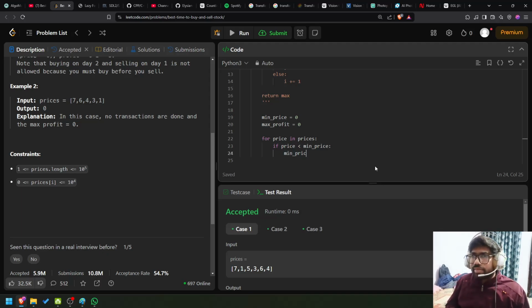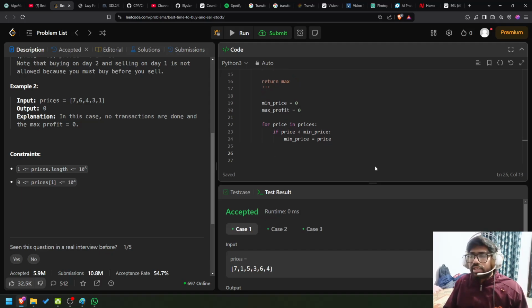If less than price, and then the profit will be whatever the current max. Okay, where the current profit is minus the max profit, right? Whatever the current profit is.